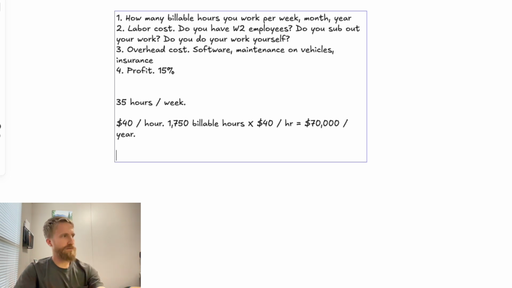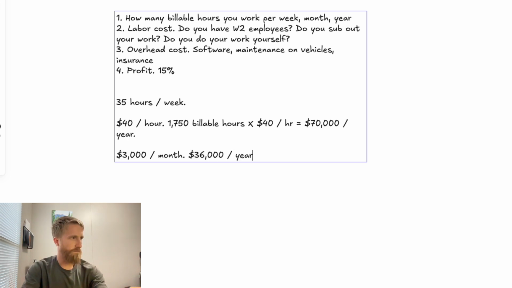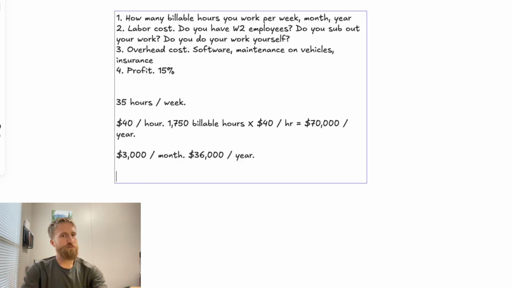For our scenario, let's imagine that our overhead is $3,000 per month. That will come out to $36,000 per year. So if we add our labor burden and our overhead, what we're going to find is that you need to make $106,000 per year to cover your own labor and overhead.